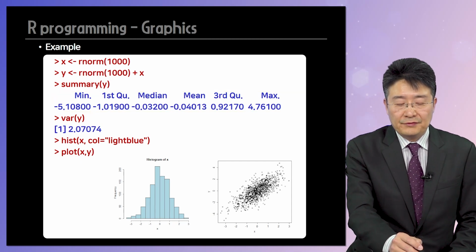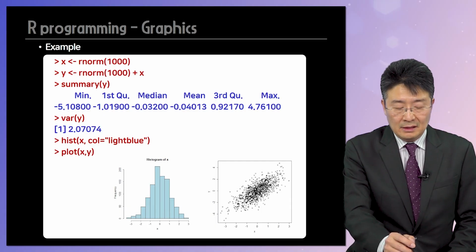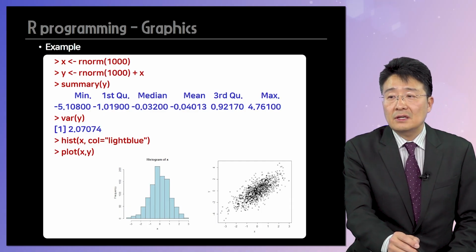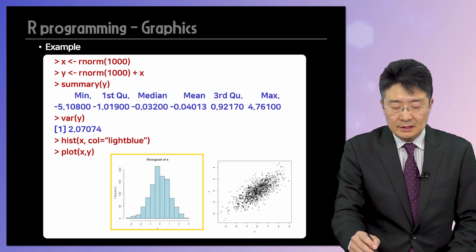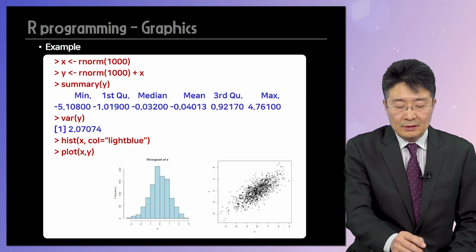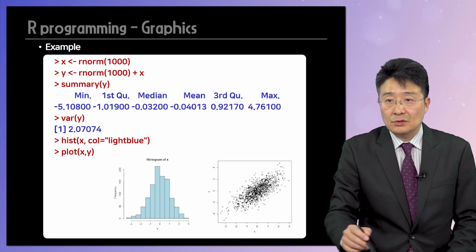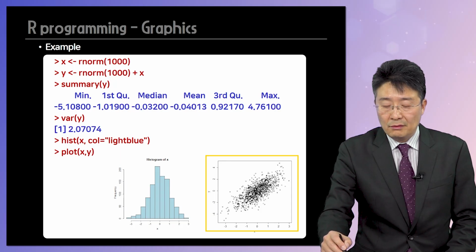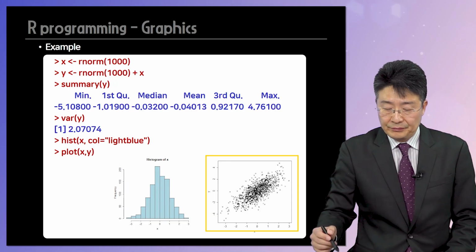Also, if you use var, you can get the variance, and the hist function generates histograms. Then if you run the plot function, you will draw a scatter plot, as you can see.